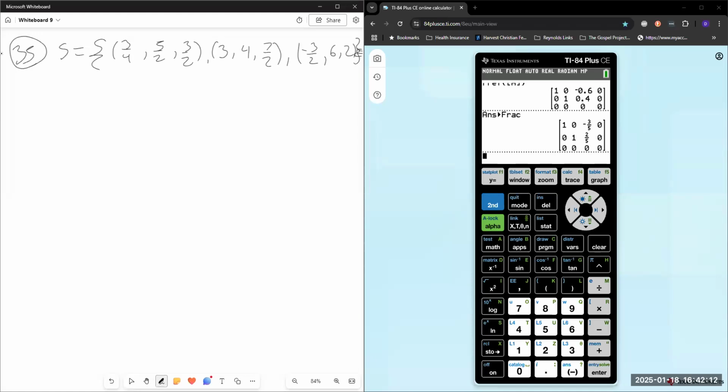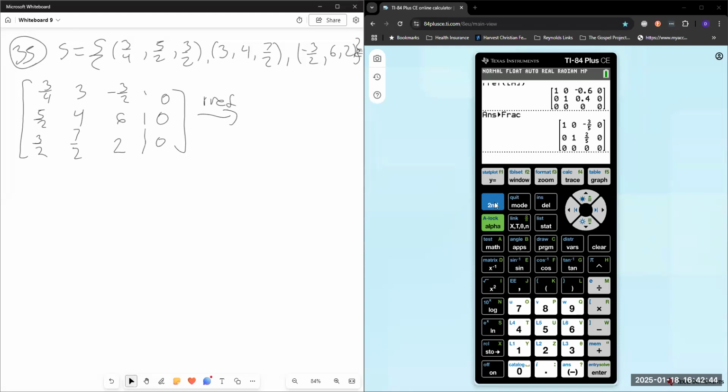All right, I want to test for linear independence. So 3/4, 5/2, 3/2, 3, 4, 7/2, -3/2, 6, 2, 0, 0, 0, REF.